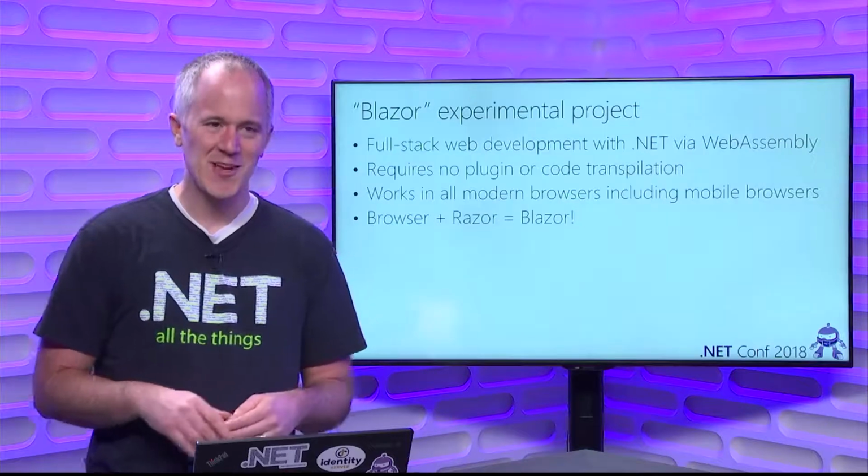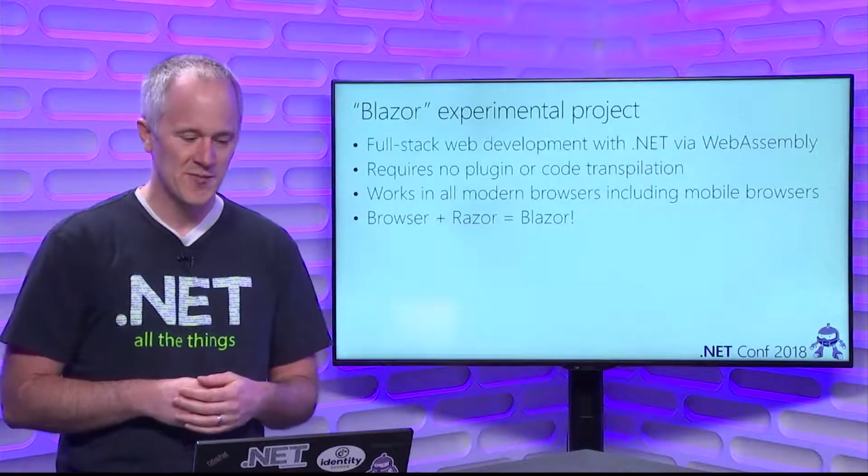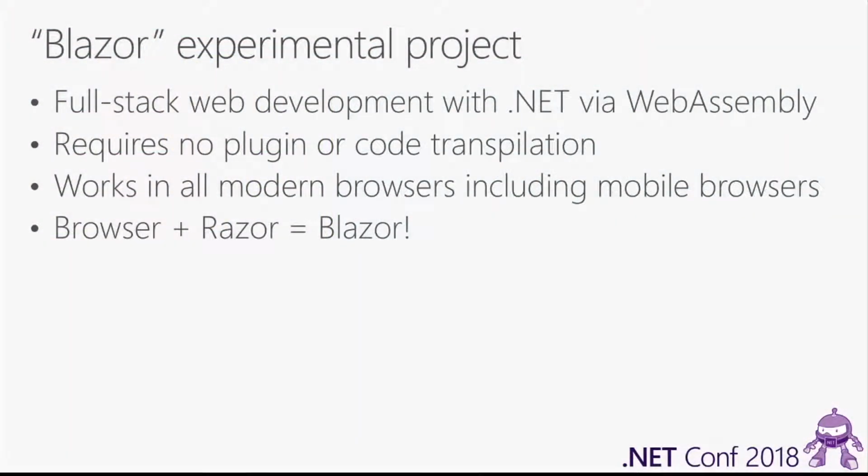What is Blazor? Blazor is full-stack web development for .NET via WebAssembly. It requires no plugins, and there's no code transpilation. All you need is a browser. You don't need to install anything into it. We're not taking your .NET code and translating into JavaScript. You literally are running normal .NET standard libraries in the browser. It works on all modern browsers, including desktop browsers and mobile.